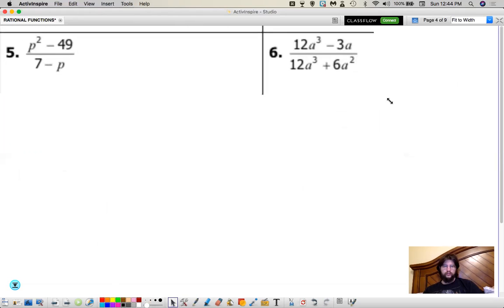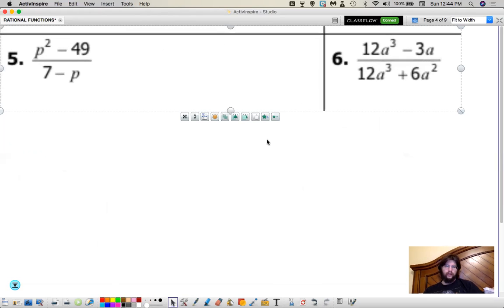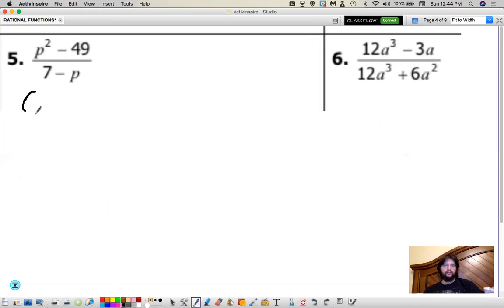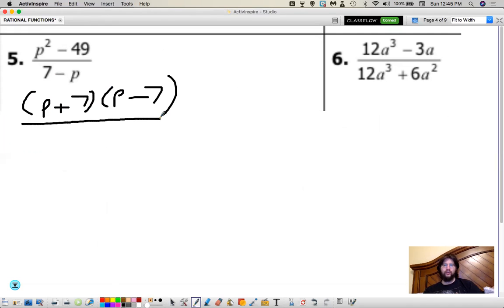Okay, let's look at this one. You should recognize immediately the numerator is a difference of squares: p plus 7 times p minus 7. Looking down here, you have 7 minus p. That's not the same as p minus 7. But if we factor out a negative 1, negative 7 plus p, or just p minus 7.